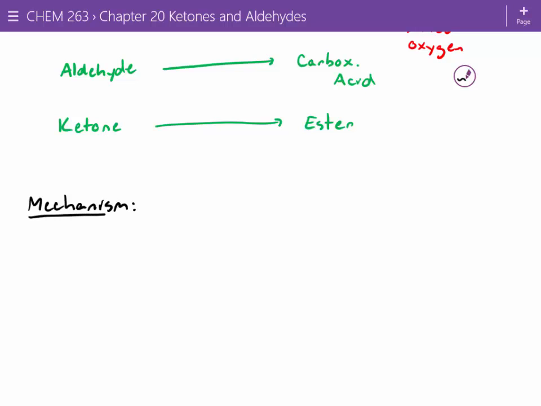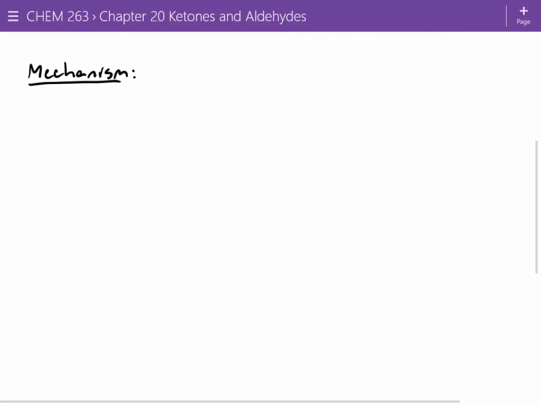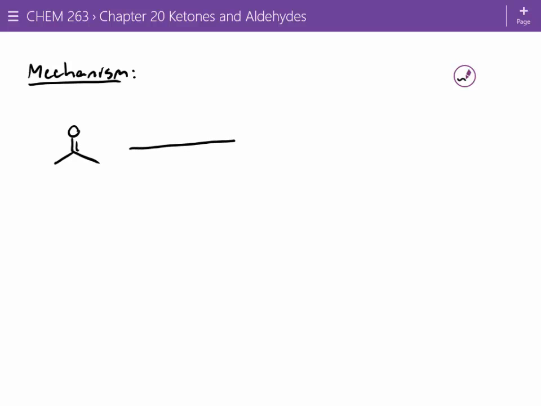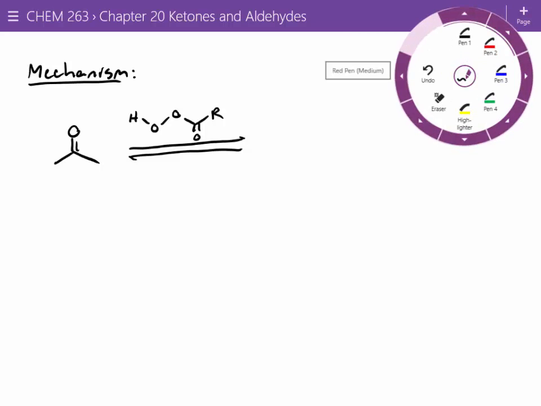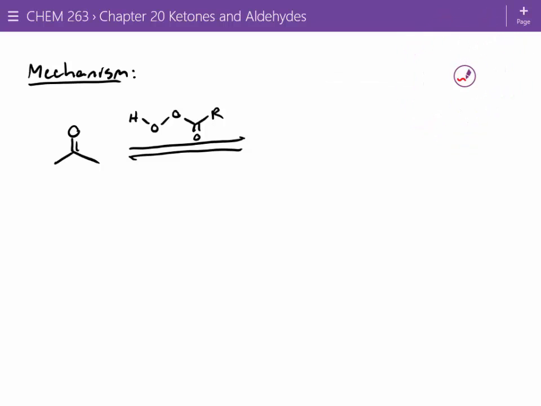What's new? All right, so let's take our generic ketone. I'll just use acetone. And we're going to react this with our peroxy acid. The first step is this terminal oxygen on the peroxy acid will act as our nucleophile and add in.